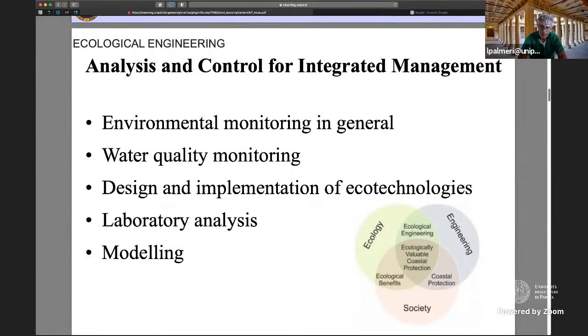From a graphical point of view, we may say that in ecological engineering, we deal with analysis and control for integrated management.